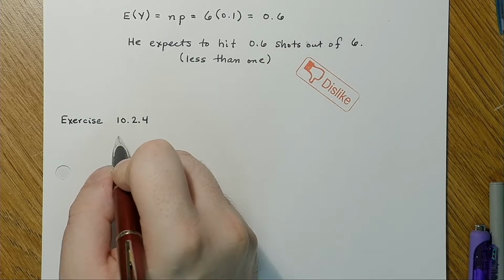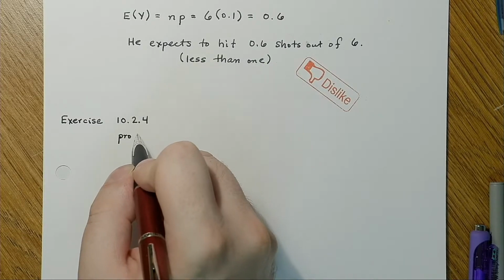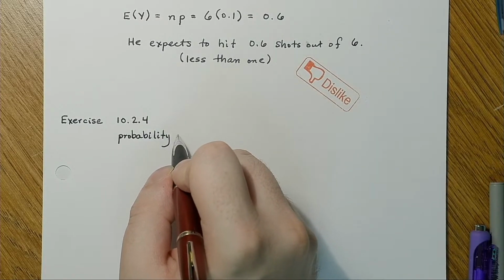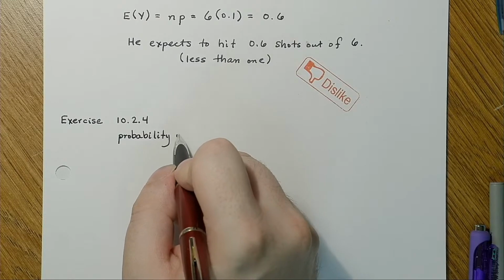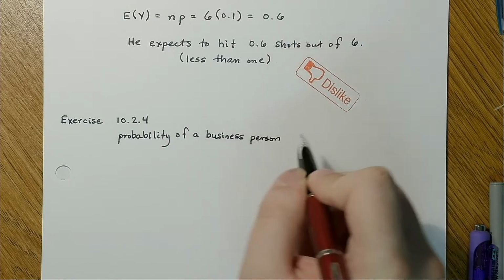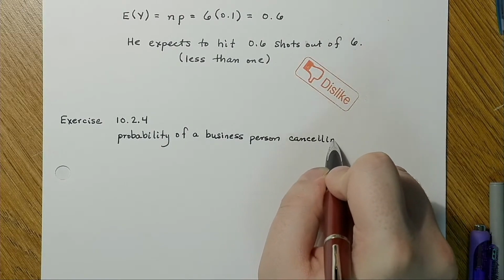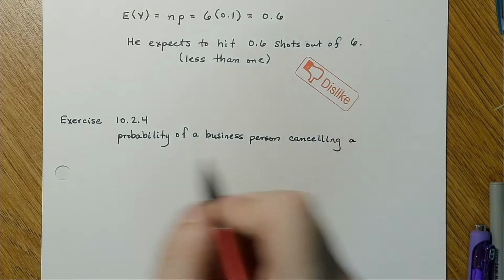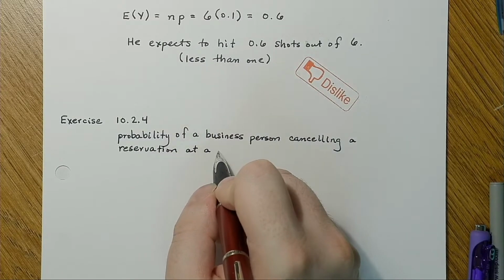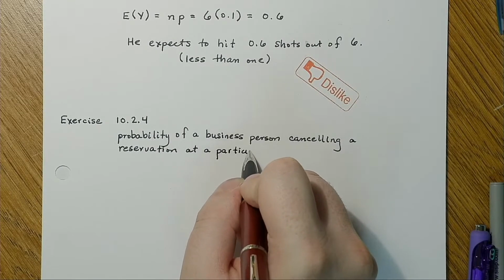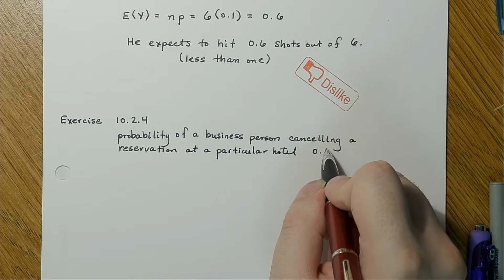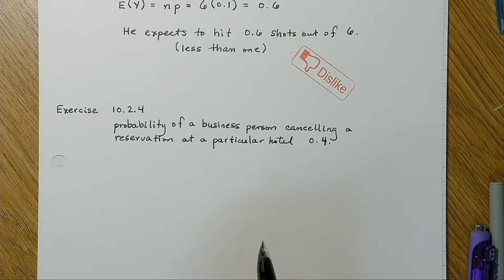Let's say the probability of a business person canceling a reservation at a particular hotel is, we'll say, 0.4.